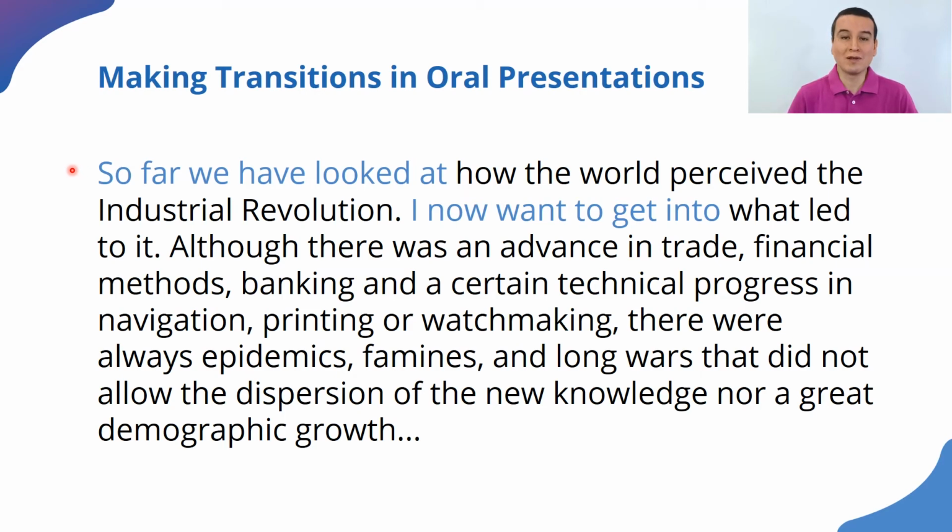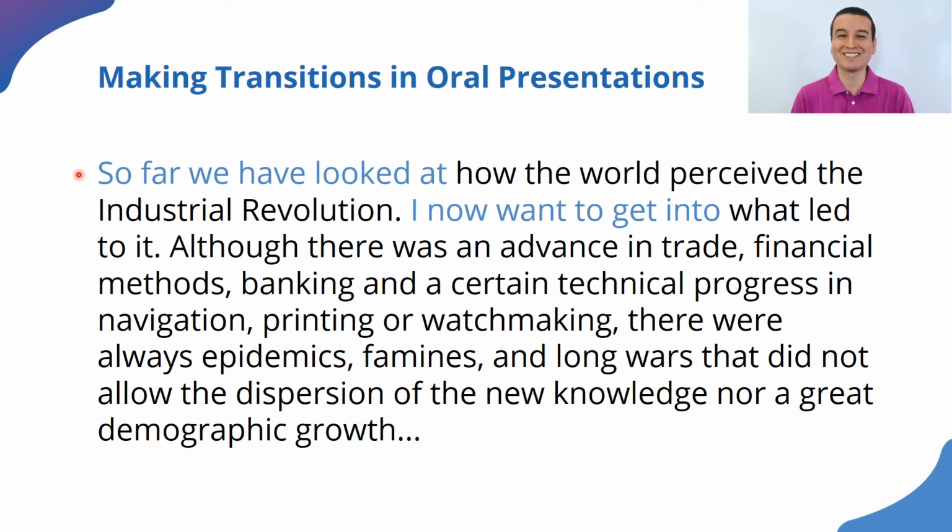So to benefit from this sample script of a presentation on the Industrial Revolution, we are going to practice pronunciation. I am going to pause my video so that you can listen and practice your pronunciation, okay? So go ahead, listen and practice now.